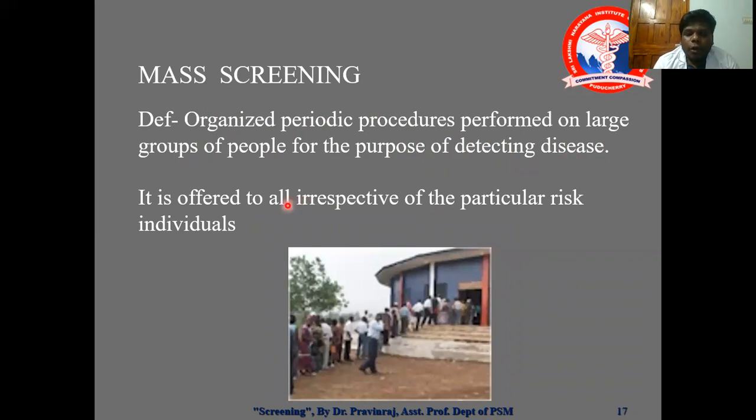It is offered to all irrespective of individual risk. We are not going to catch one particular risk individual. We are going to do screening in the whole population, a screening for a particular disease. So that is mass screening.